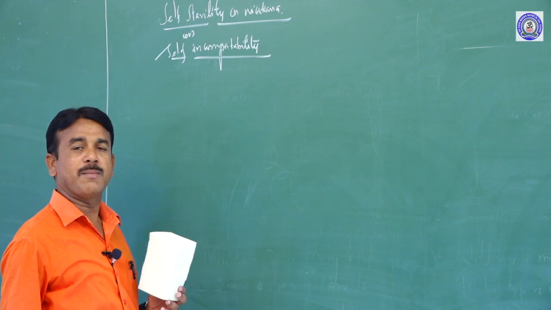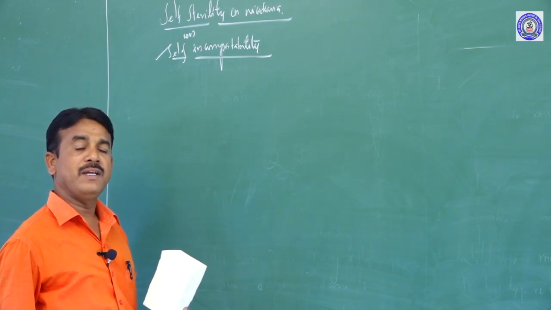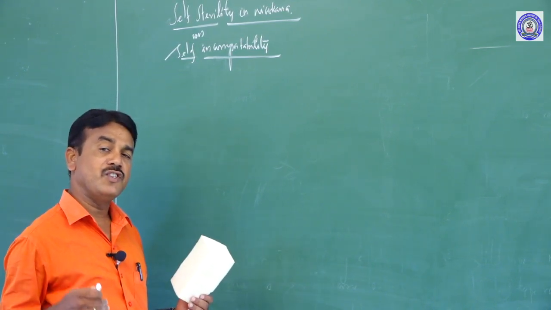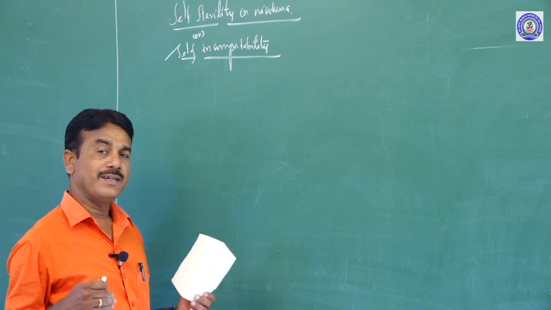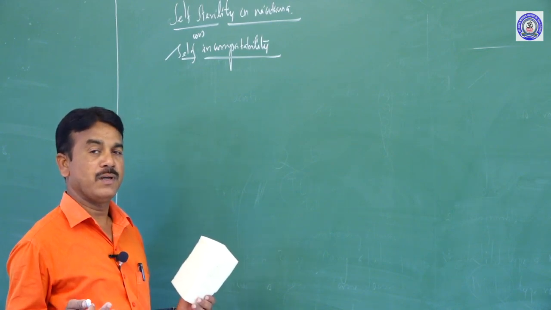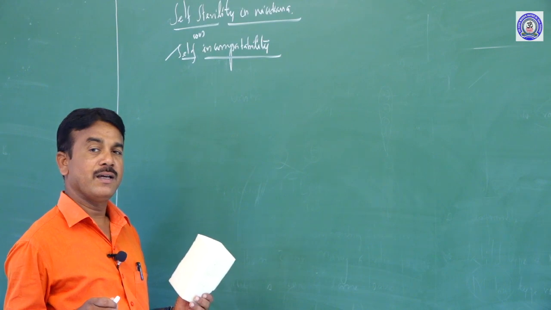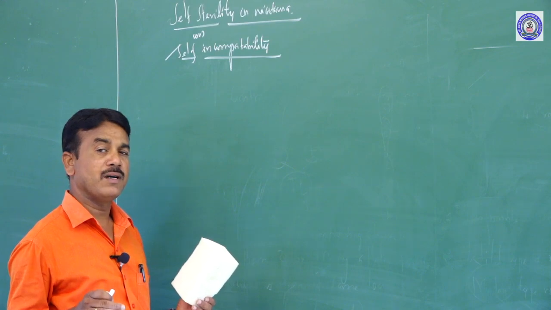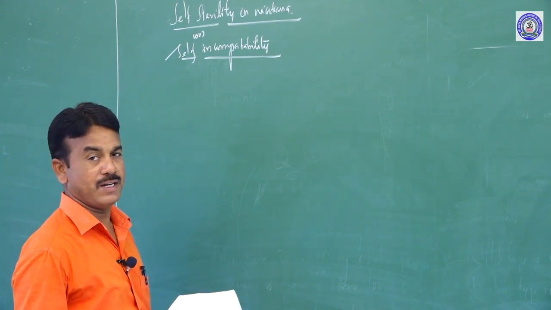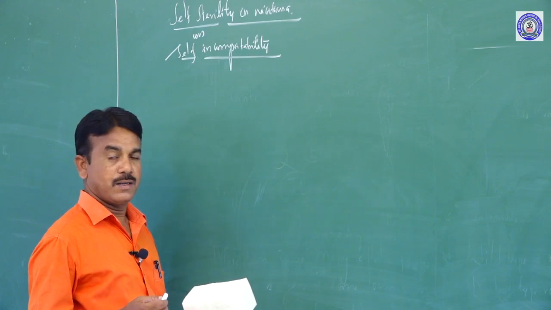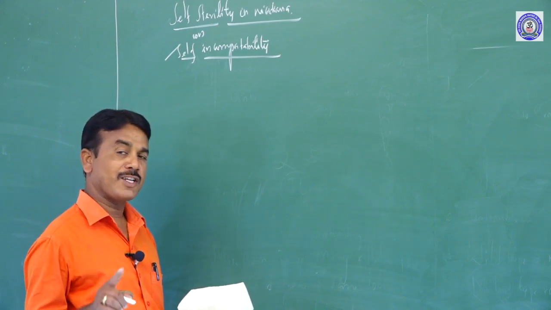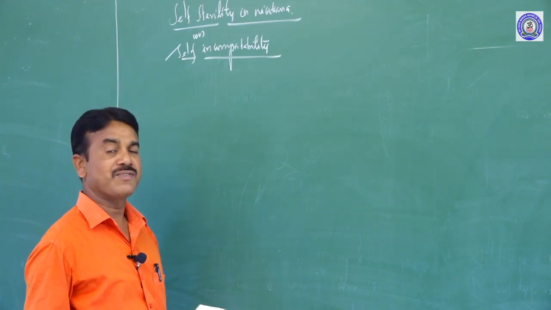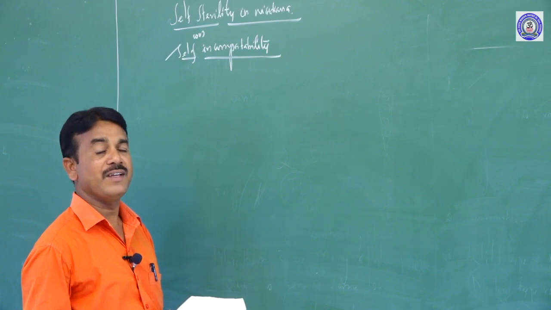What is self-incompatibility? Self-sterility means even though having the characteristic feature, it cannot be expressed. To put it simply, a pollen grain, even if it falls on a suitable stigma, is unable to germinate. Respective pollen present on the respective stigma is unable to germinate. That is self-sterility, also called self-incompatibility.